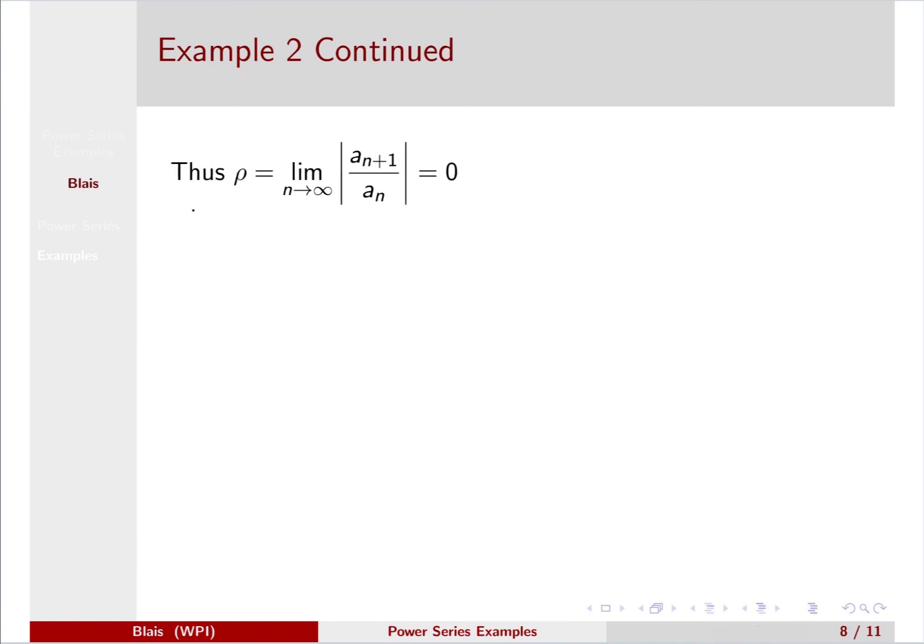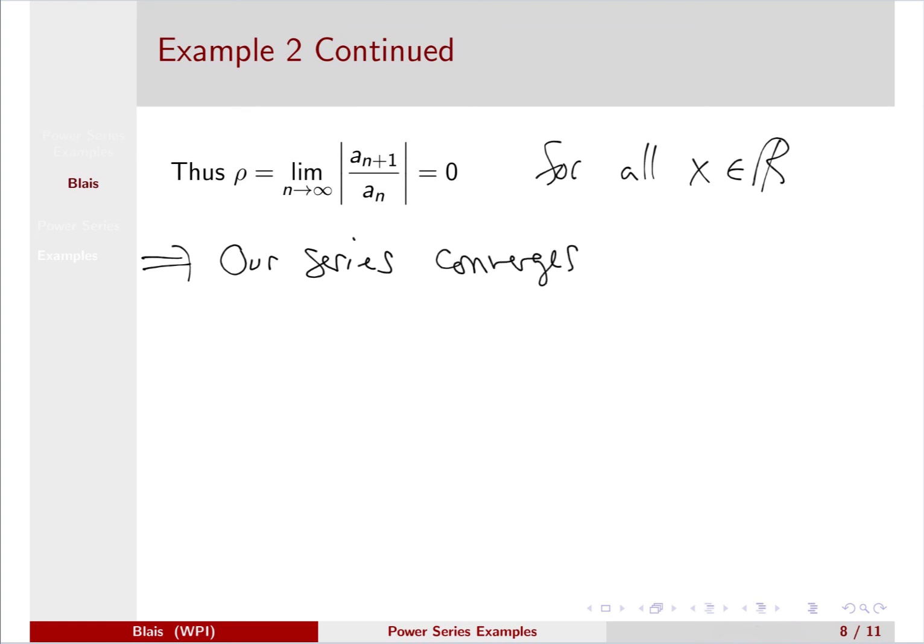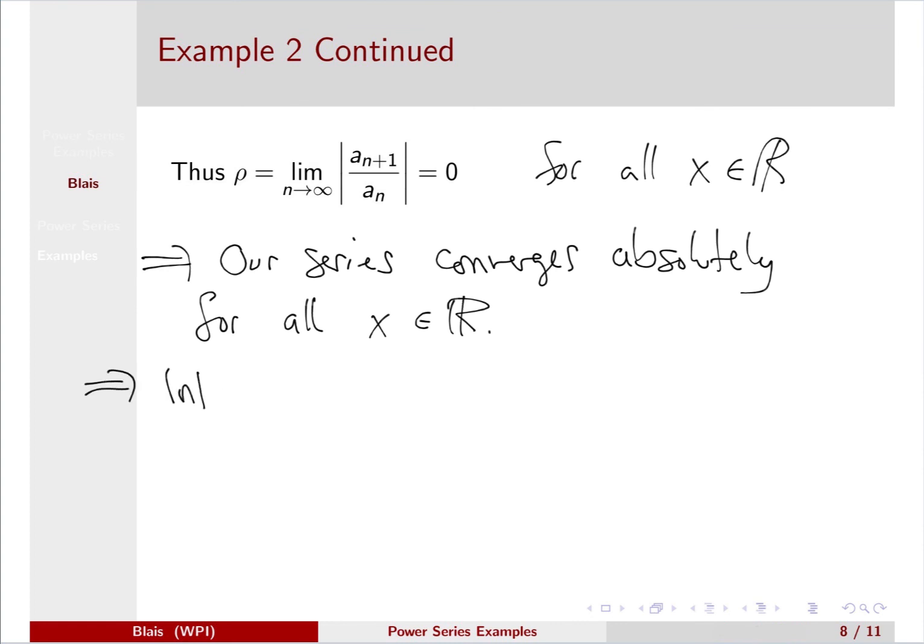Since our rho is 0 for all x, our series converges absolutely for all x in the real numbers. Thus, our interval of convergence is the entire real line.